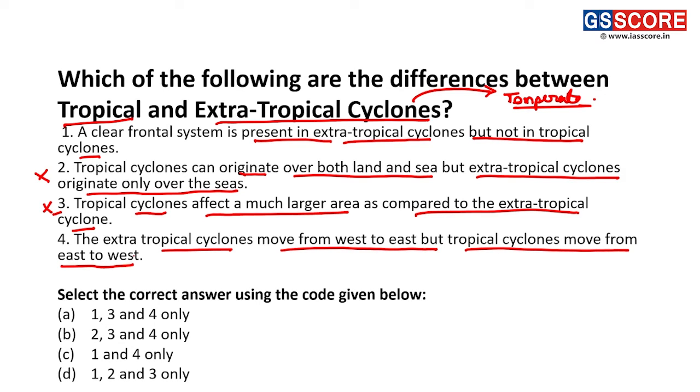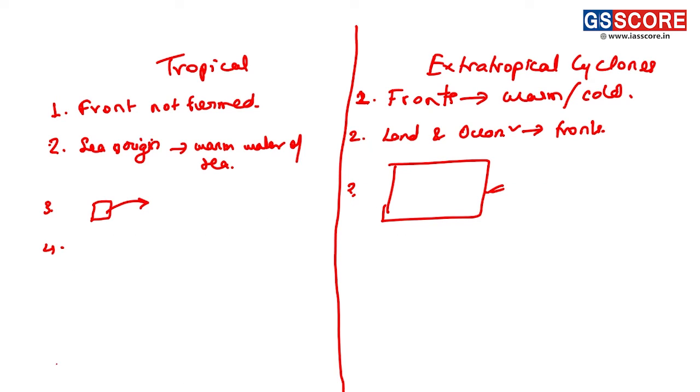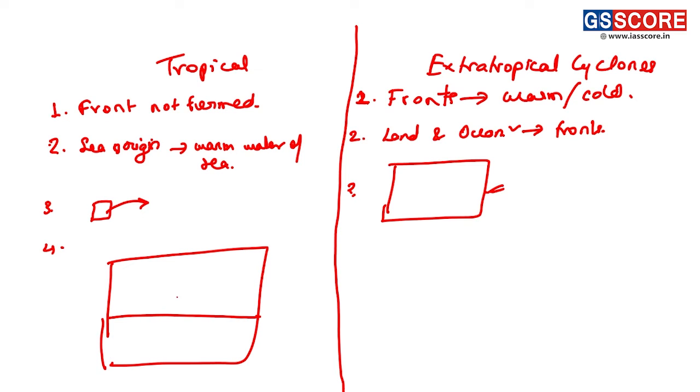Now, statement 4 is, the extratropical cyclones move from west to east, but tropical cyclones move from east to west. Basically, this is a correct statement. Why? Because if we analyze the conditions, this is the equator, and the tropical cyclones are majorly formed in the tropical zone, up to towards the mid latitudes, but not higher than that.